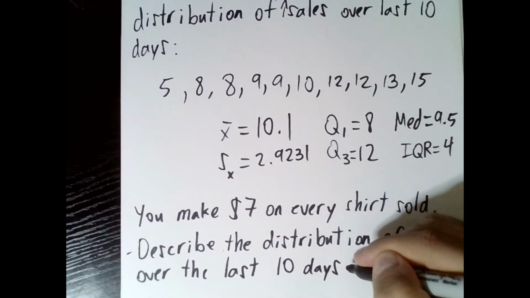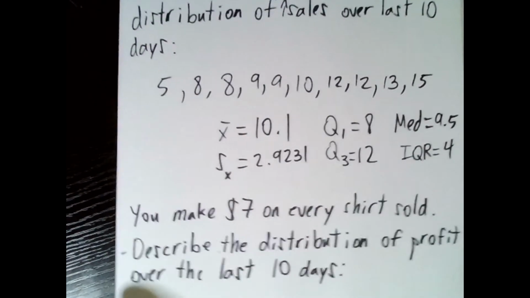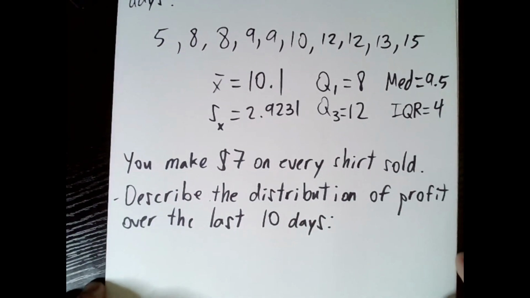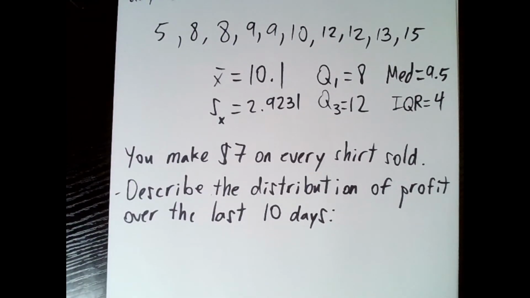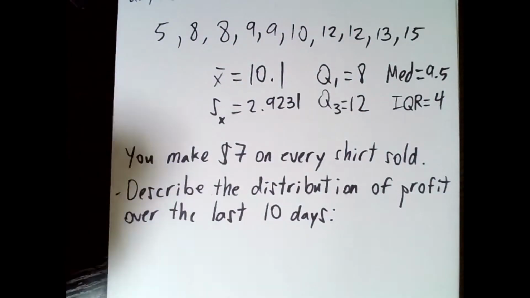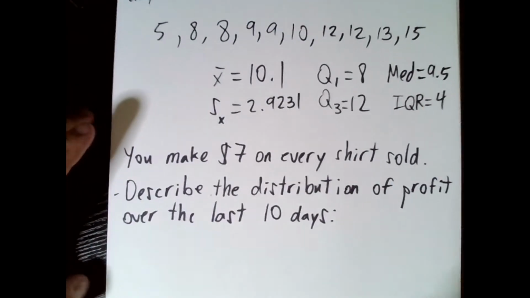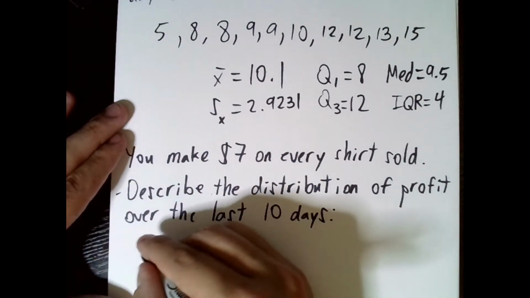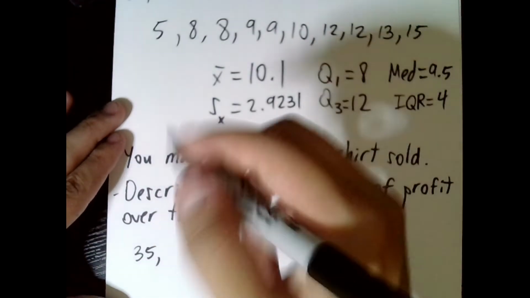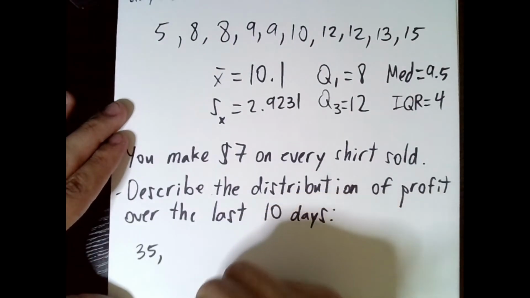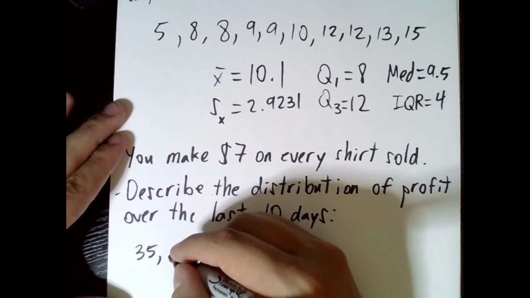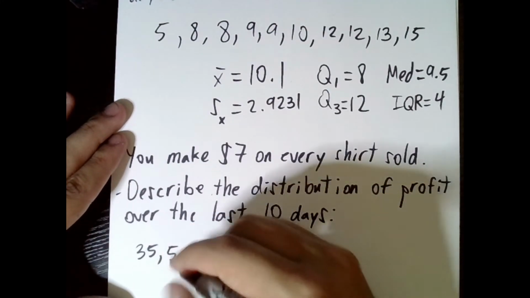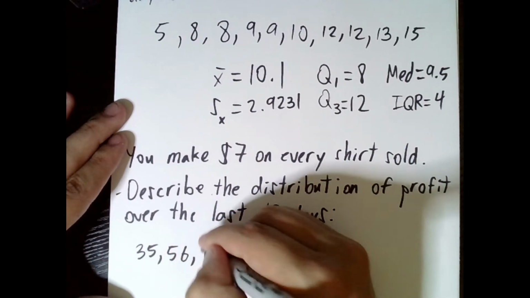How are we going to describe that distribution? If we look at our shirt sales, for each shirt we sell, how much profit are we making? We're making $7 on each shirt sold. So if I sold 5 shirts on the first day, I made $35. If I sold 8 shirts, multiply that by 7, and you get $56.